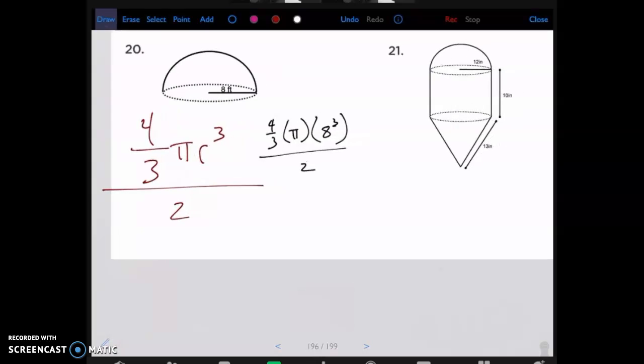So if I do 8 cubed and I multiply by 4 and I divide by 3, I get 682.6 repeating. So then I just divide that by 2 and I get 341.3 repeating pi. And my units are going to be feet cubed.